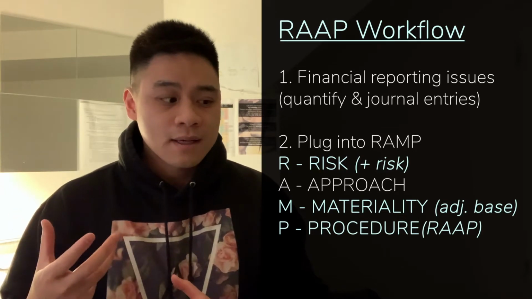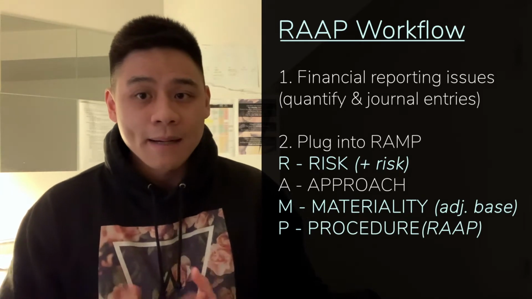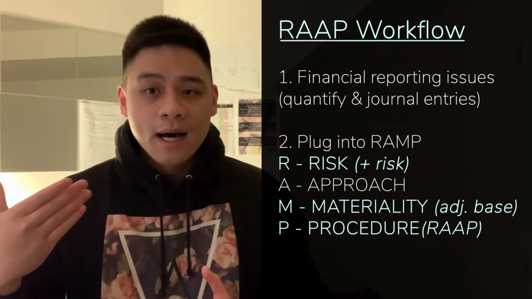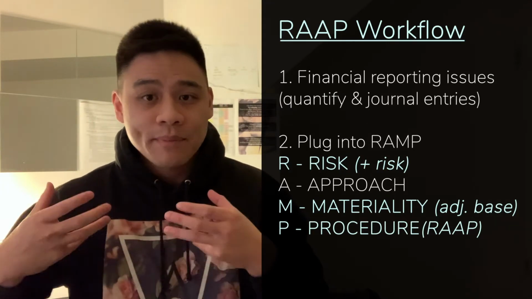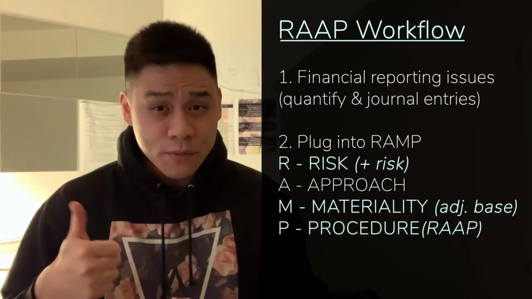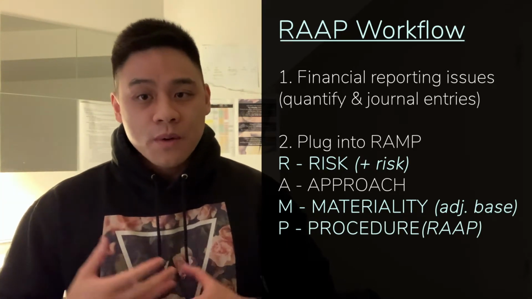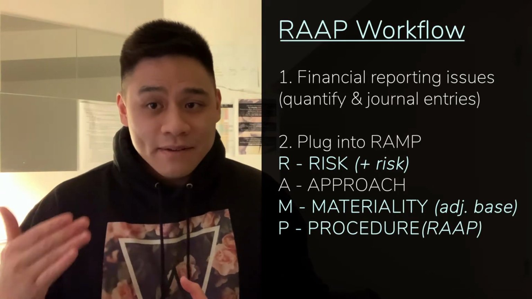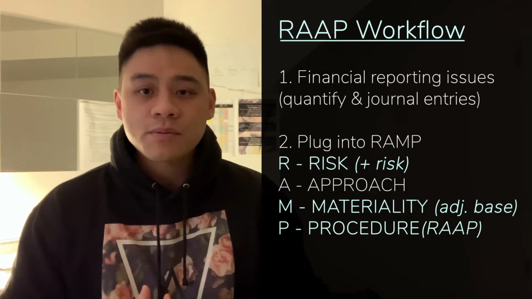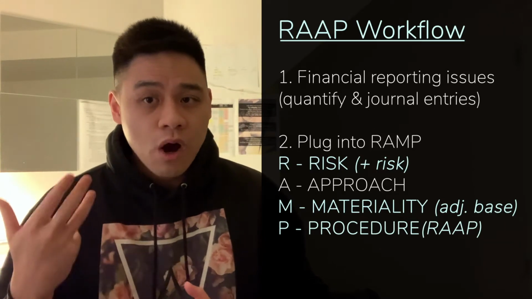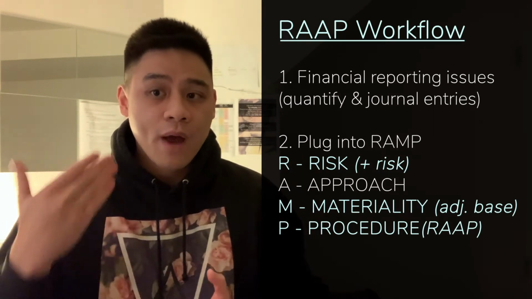The RAAP process is the format that you would apply when you write an audit planning memo, but just to simply show how financial reporting issues play a part in the RAAP discussion process. So first, by identifying the financial reporting issues, you identify the specific assertion level risk factors that would increase the risk of the engagement that you can use to contribute to your risk discussion, or the R section of your RAAP layout.